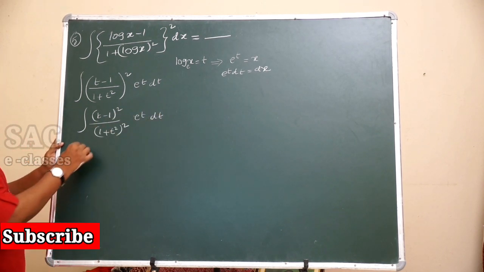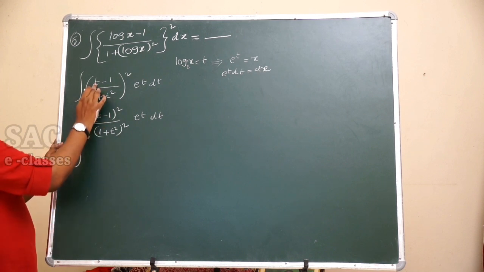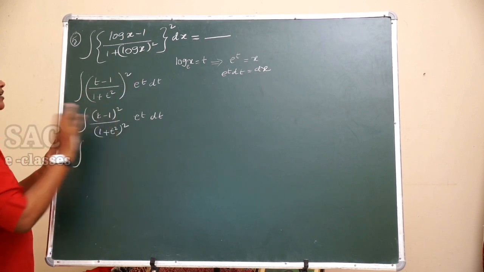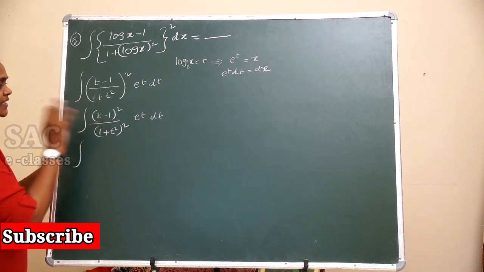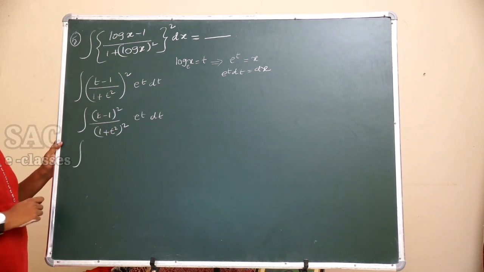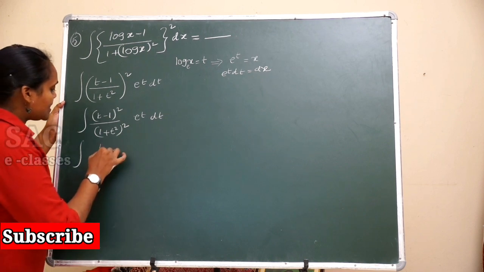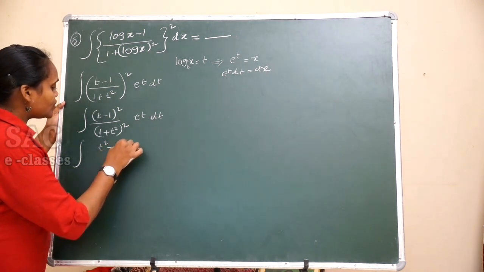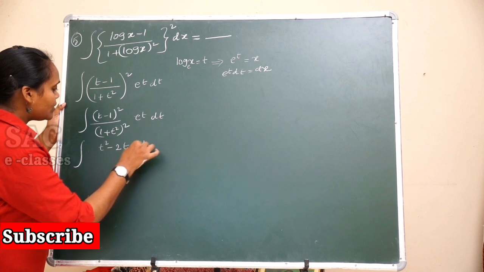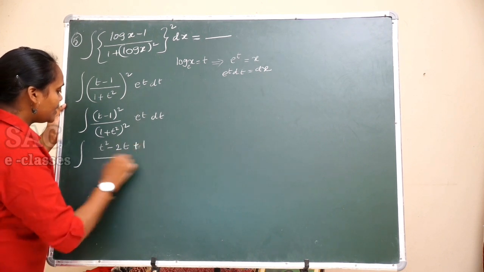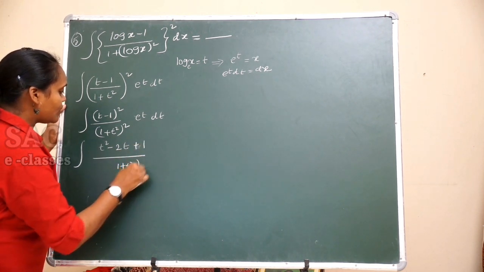Now what can we express it as? Simply I have taken numerator whole square by denominator whole square. What is the numerator here? Observe it: (t − 1) whole square. In what way can you express (t − 1) whole square? As (t square − 2t + 1) by (1 + t) square whole square.